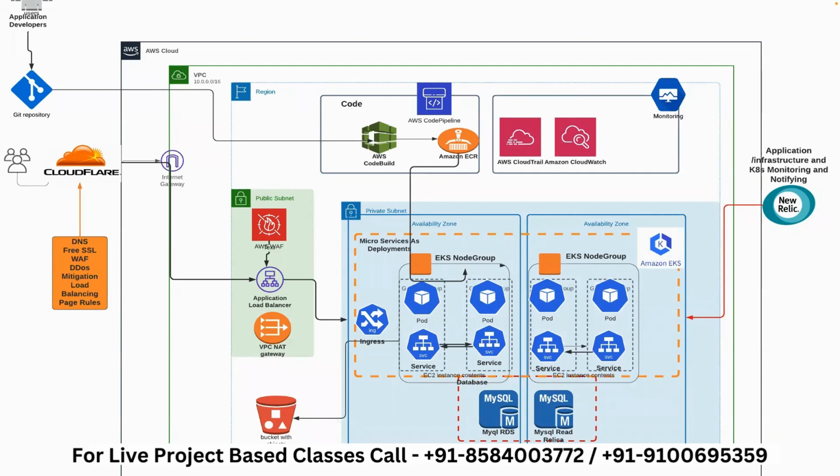Our objective at the end of the day is to get this project done. While we get this project done, we will learn Terraform, Docker, Kubernetes, CI/CD pipelines for Kubernetes, and we will learn New Relic and Prometheus to monitor this infrastructure.